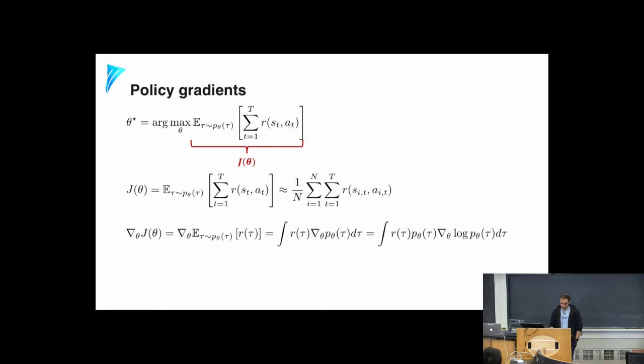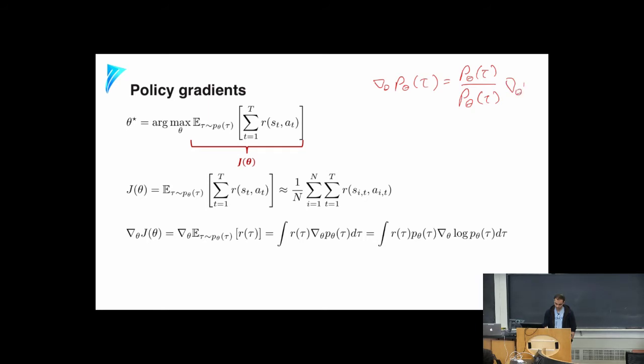Now, we can do this so-called log derivative trick or score function trick. And how this works, let's derive it right here. It's pretty simple. So this is our gradient of the probability of tau. Let's divide and multiply by the probability of the trajectories, right?